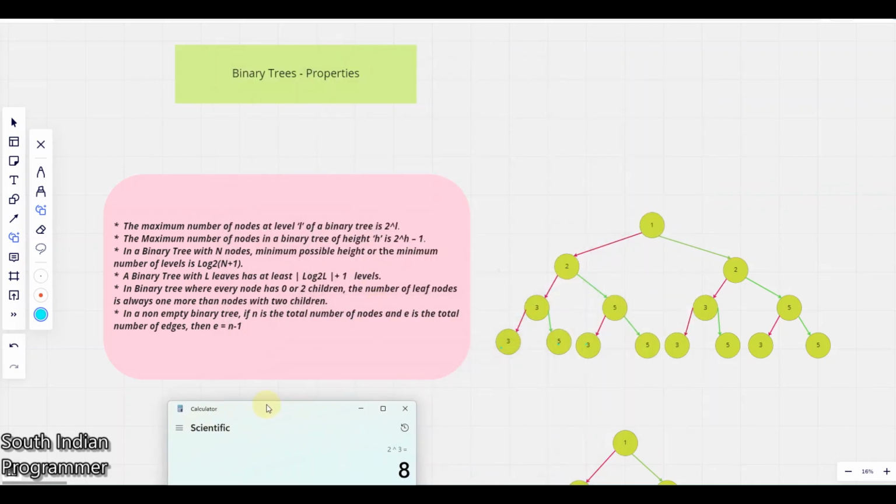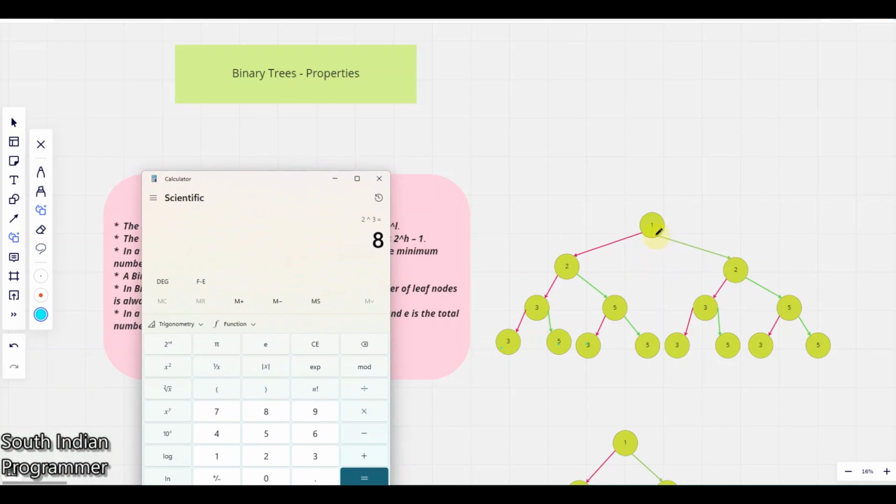The next one is the maximum number of nodes in a binary tree of height h is 2 power h minus 1. Here I have 3 levels, so the height is 4.